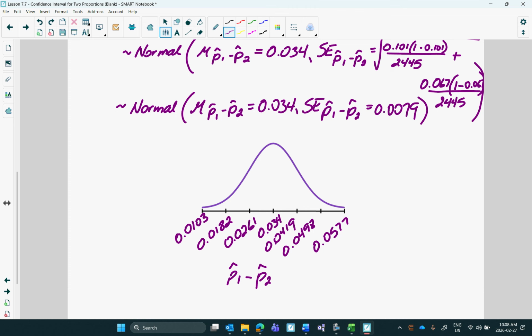Do you remember the number? It's 1.96 now. So we have to go 1.96, so just a little bit under there. So it's going to be somewhere here and just a little bit under there. So that's our 95%. That's where 95% of our sample differences will occur.